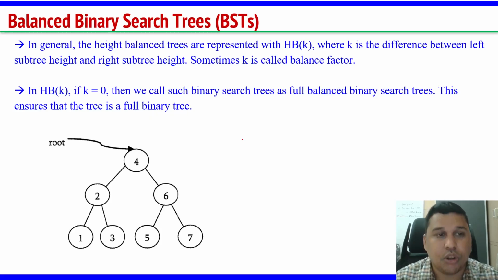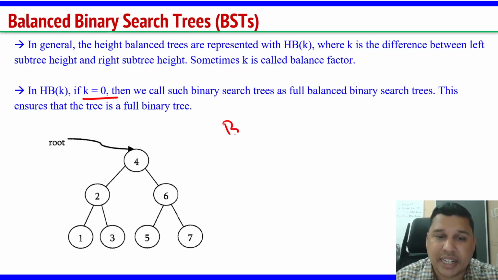So what is balanced binary search tree? In a binary search tree, if the difference in the heights of left subtree and right subtree is 0, then we call it a full balanced binary search tree, like this example given here, right.